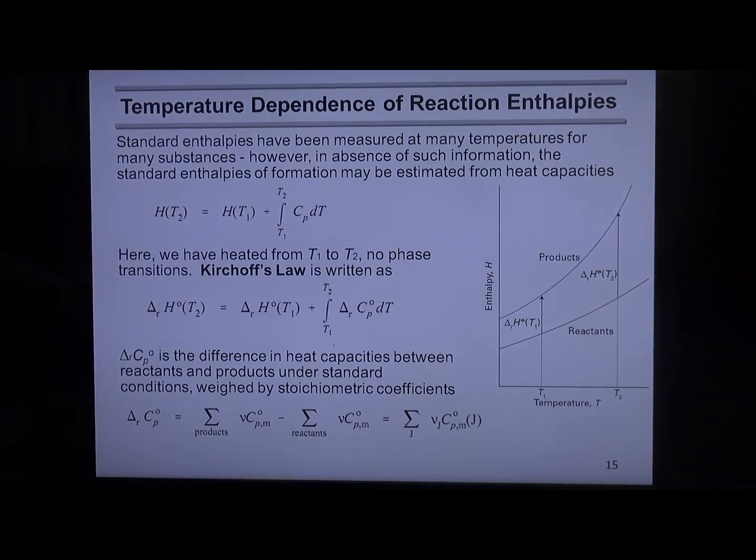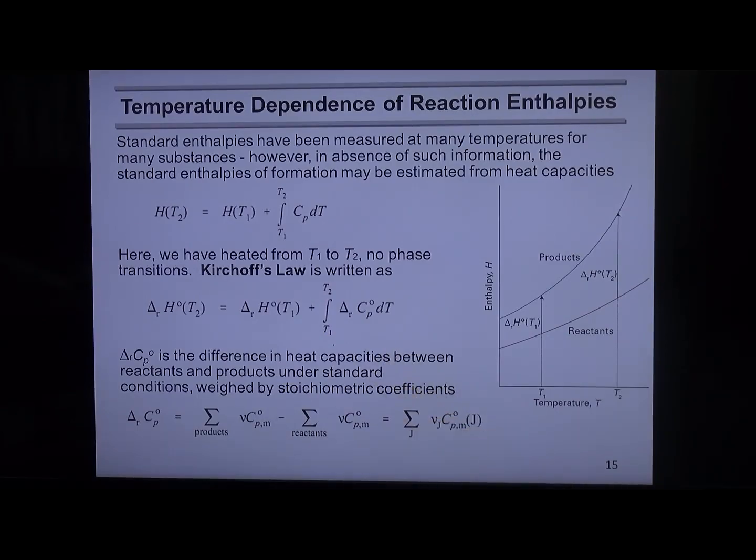Enthalpy would have a different number. What if we have information about enthalpy change at a specific temperature? Can we easily calculate the standard enthalpy of reaction at a different temperature? Yes, actually, we can do it using Kirchhoff's law as shown here.